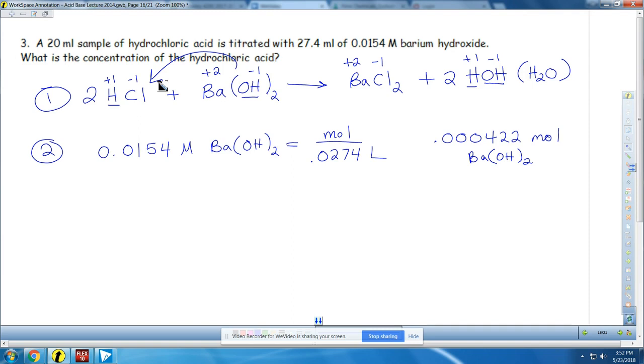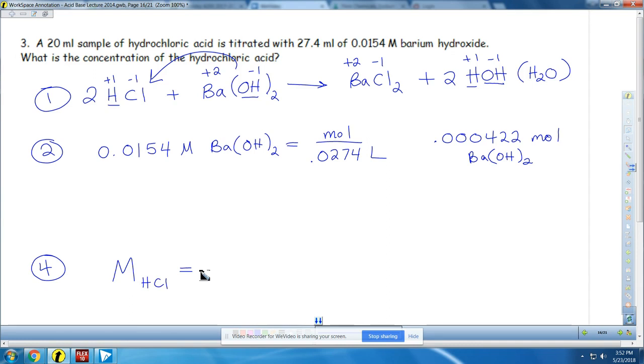Again, these aren't going to be super wacky ratios. So maybe you can look at that and say, oh yeah, it's a 1-to-2 ratio. Maybe you're good enough that you can skip to step 4, which would be calculating the molarity of the unknown hydrochloric acid. And maybe you can say, well, it's a 1-to-2 ratio.